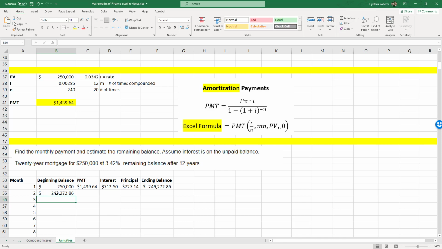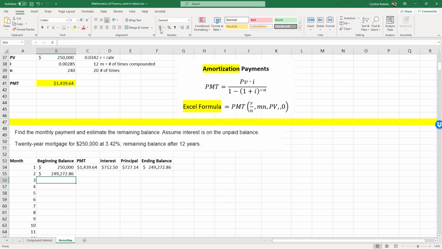All right, and you can see that I've already pre-formatted these with dollar signs, if you're wondering why dollar signs are showing up for you but not for me. The payment is always going to remain the same, so I'm just going to copy that cell. If I don't get the right number, that means I probably did not put those dollar signs, the absolute reference.